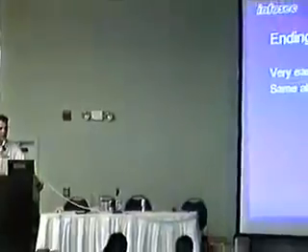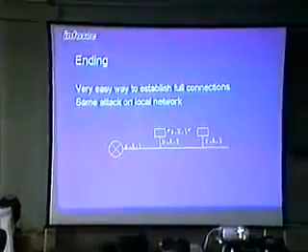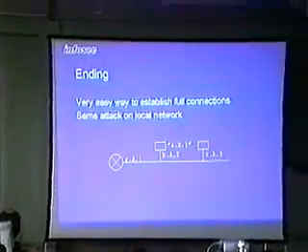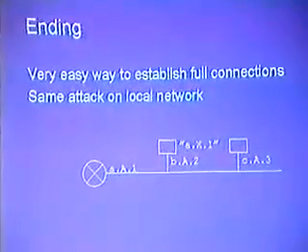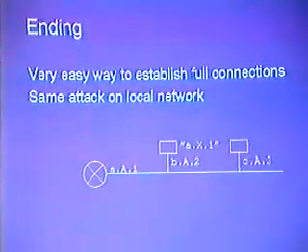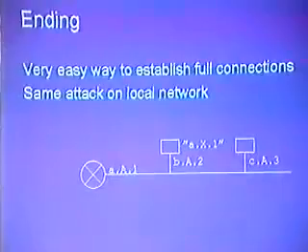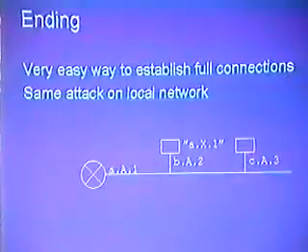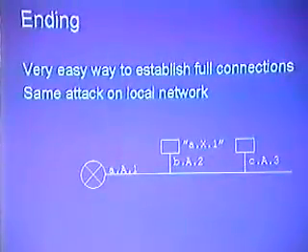So this is a very easy way to establish full connections if you're sitting on an untrusted network and some people are allowing other people over that network. The same attack can be done on your local network. Some people on your network can just take the default gateway's MAC address.